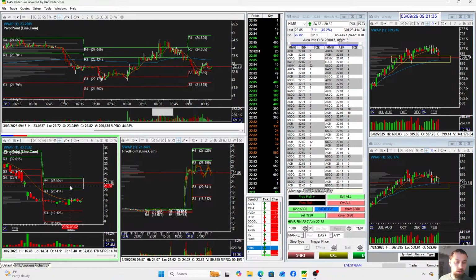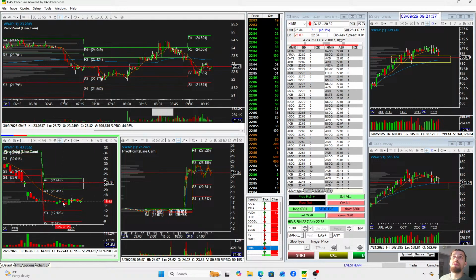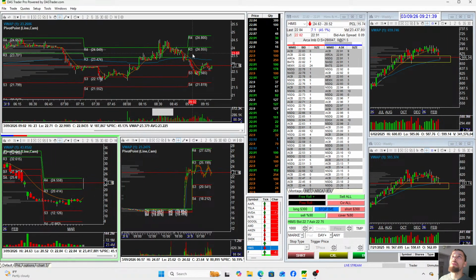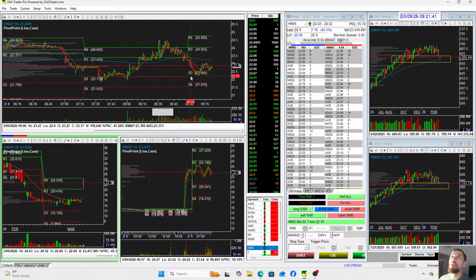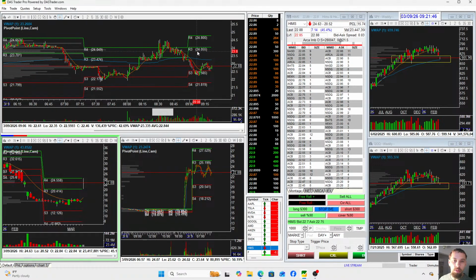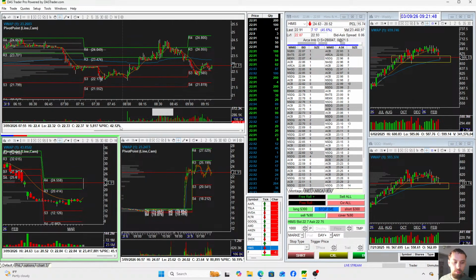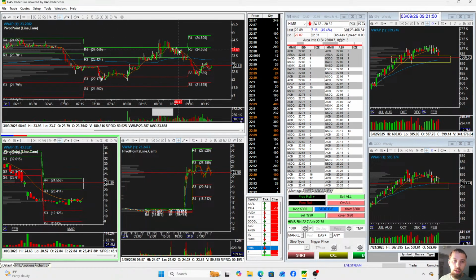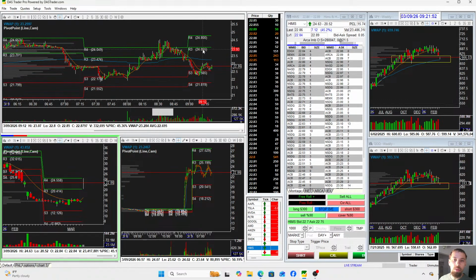It's going to be hard to tell what I'm looking at, guys, with these lines everywhere on my screen. These are called pivot points. This is pretty much for algorithmic price action. So a lot of times stocks will tend to gravitate towards these areas.